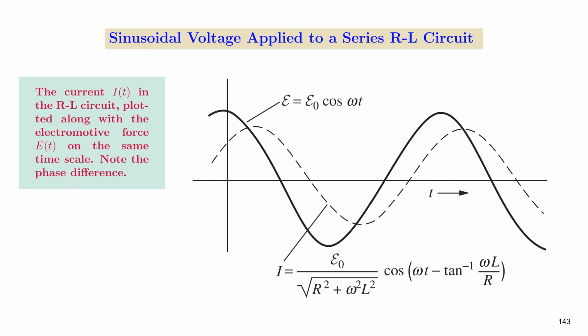Let us now try to plot the instantaneous voltage and the current that is generated in the circuit. What is drawn in solid black color is the instantaneous voltage, that is E equal to E0 cos omega t. This is at t equal to 0 seconds.